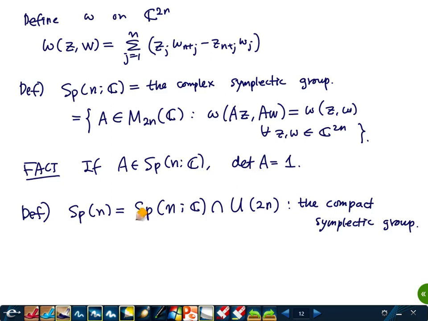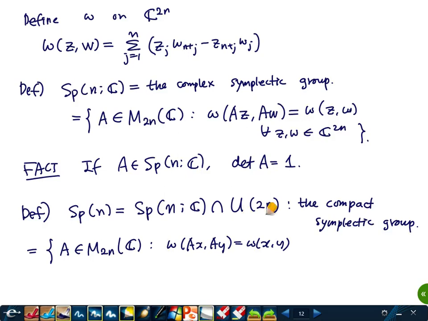Already we know this and this, but we can rewrite the definition in this way. So it's a set of 2n by 2n complex matrices that preserve this omega bilinear form for all complex vectors x, y.